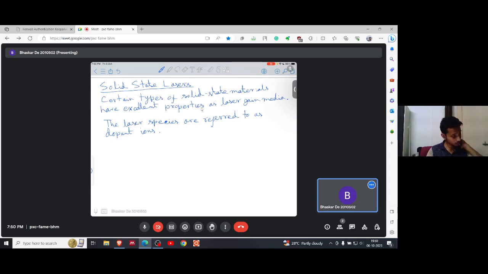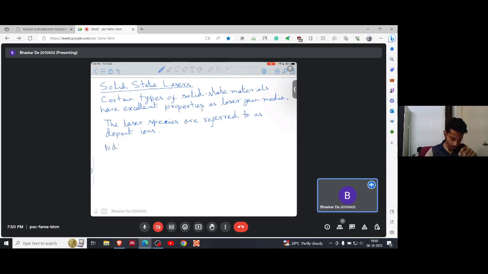Now a solid state laser is often erroneously referred to by its host material rather than the dopant ion. For example, a Nd:YAG laser is a laser in which the dopant ion is Nd3+, added to the host material in the form of Nd2O3, and the host material is yttrium aluminum garnet, YAG.